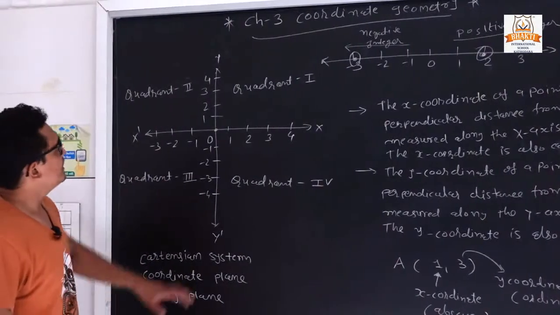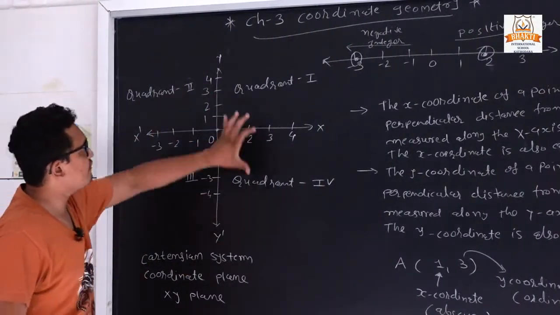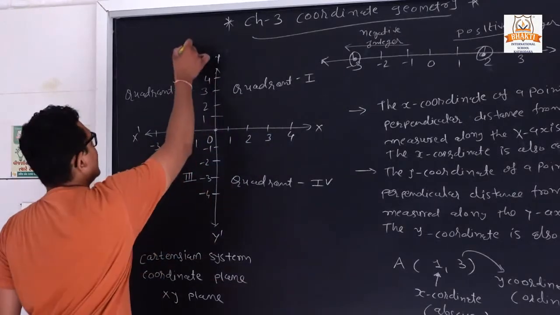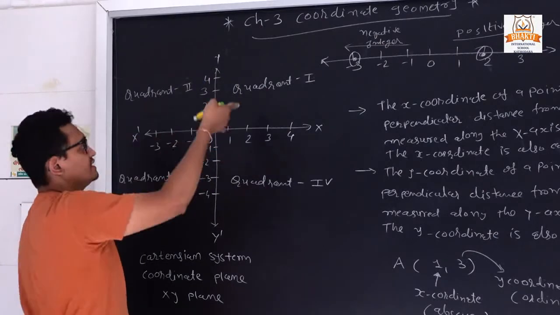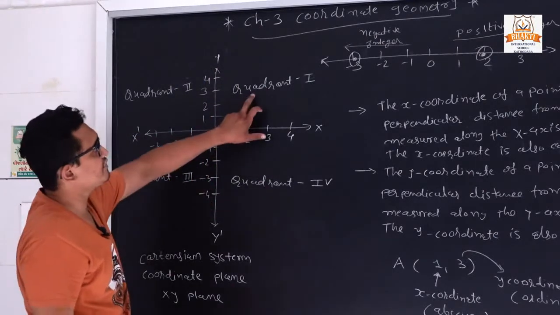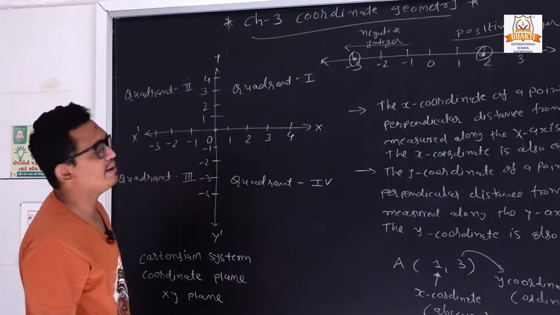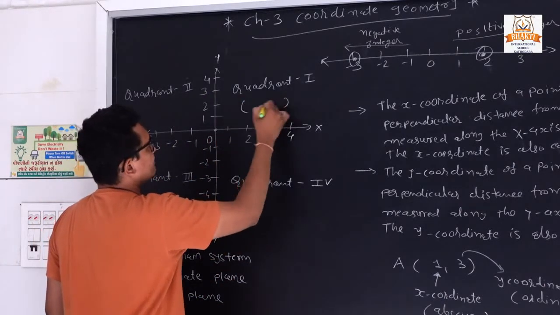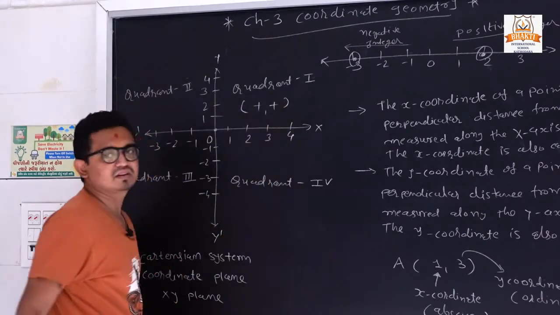Now according to this plane, we have 4 quadrants, 1 2 3 4. Here we are going anti-clockwise. It is quadrant 1. In quadrant 1, the x coordinate and y coordinate both have a positive value. Why?